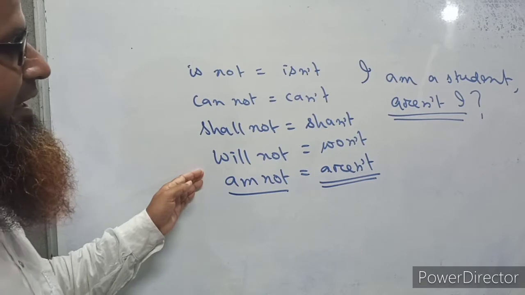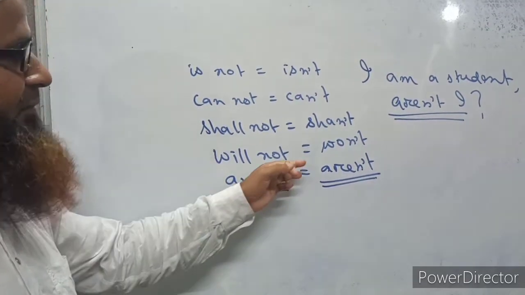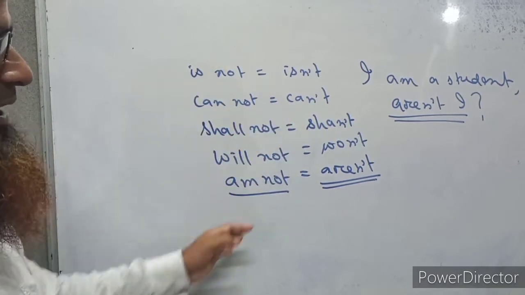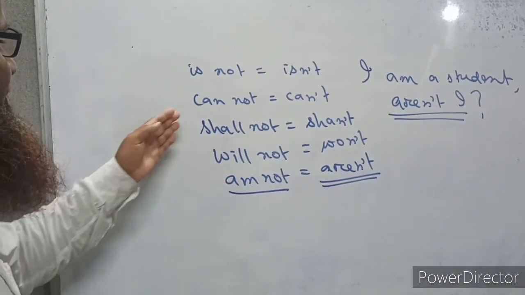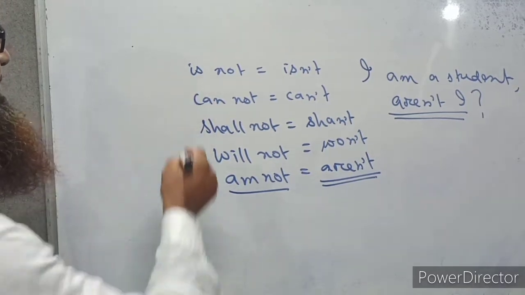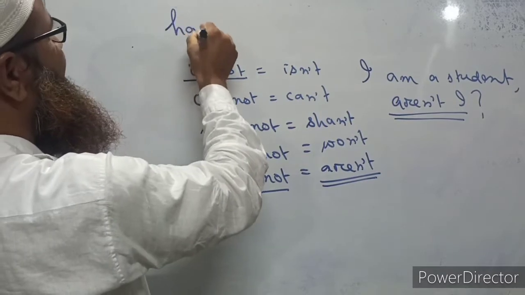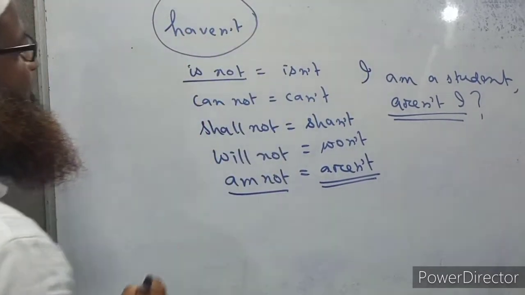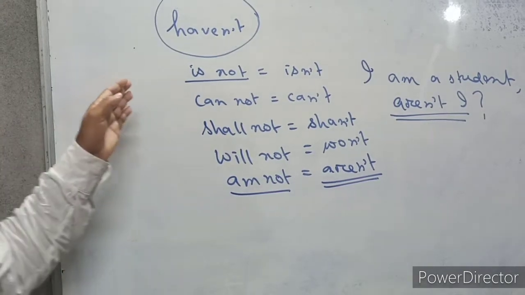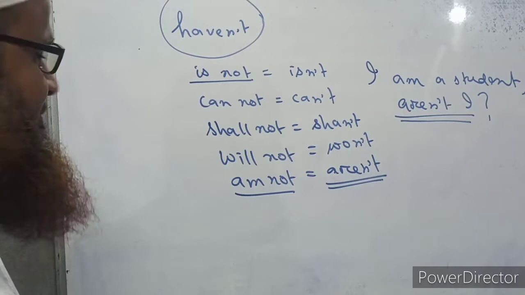Here I have already clarified the reason why am not becomes aren't, and it is only applicable in the form of a question tag. Other contracted forms will remain the same, like is not, isn't, have not, haven't. There will be no change with the other auxiliary verbs and contracted form of not.